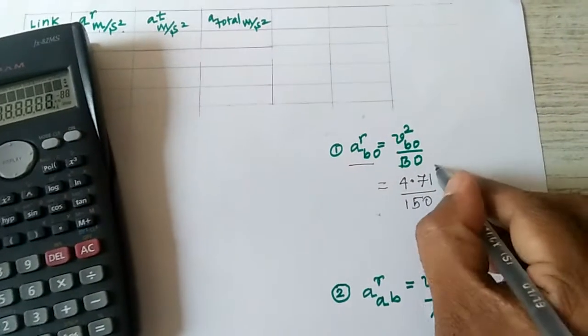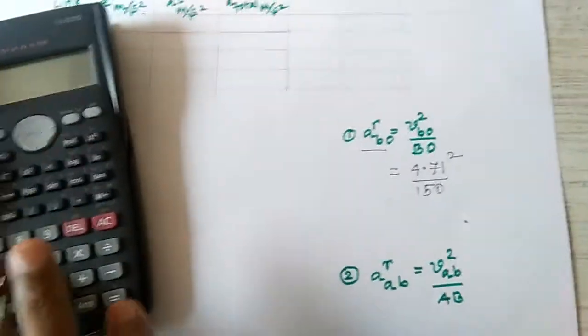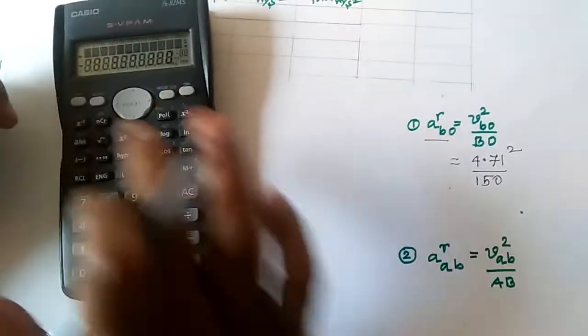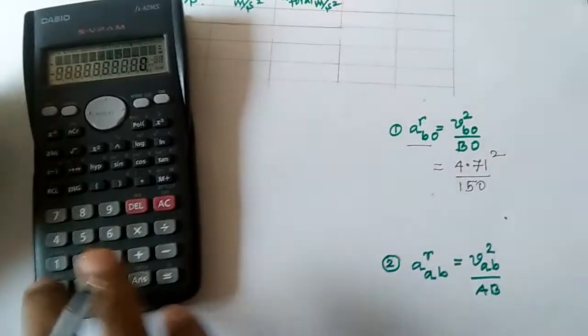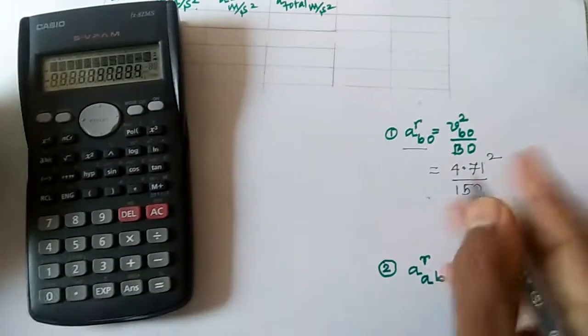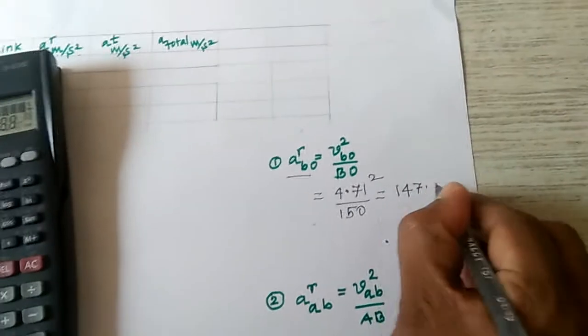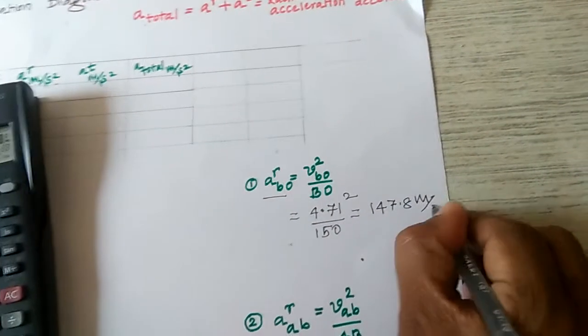That is squared: 4.71 square divided by 150. It comes as nearer to 147.8, taken as meter per second square.